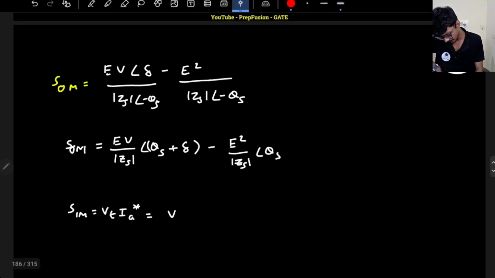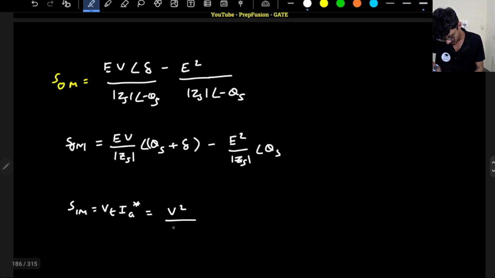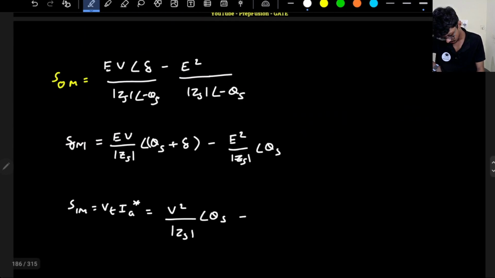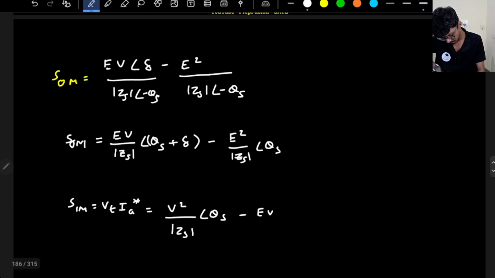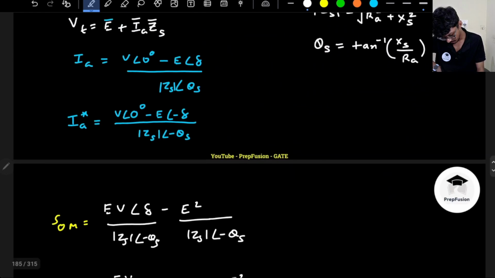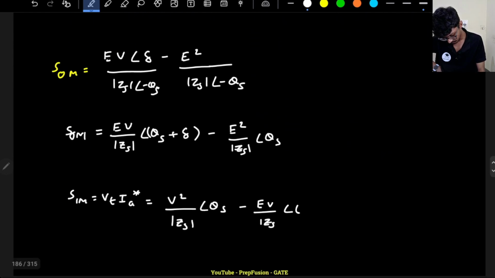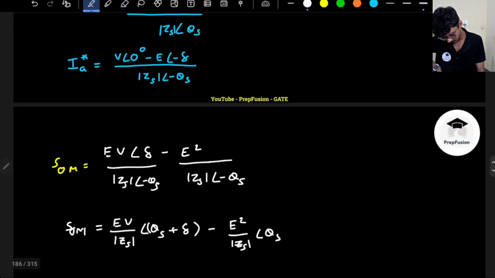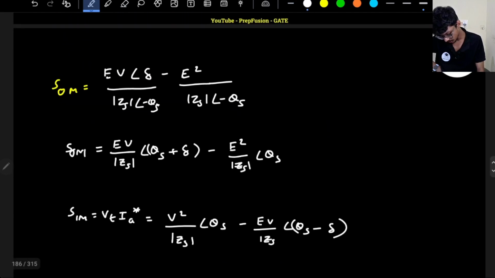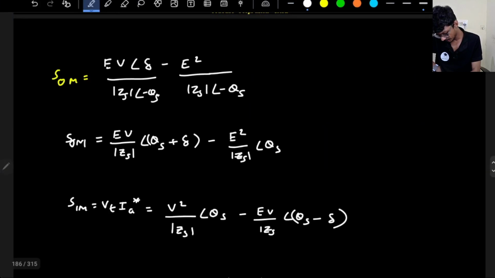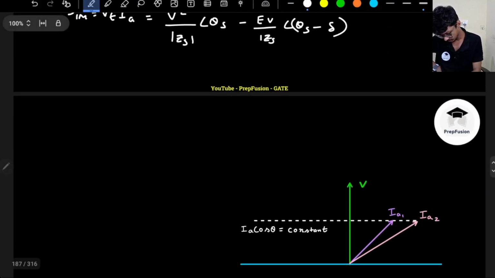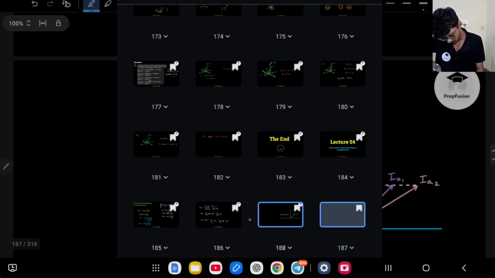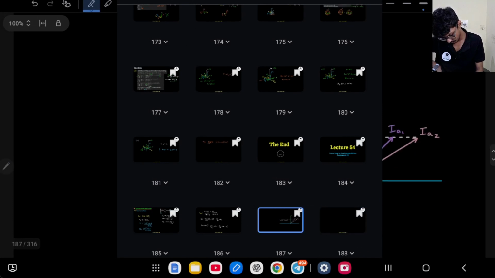So it will be V squared divided by the magnitude of Z_S ∠θ_s, minus EV by Z_S ∠(θ_s minus δ). From here I can directly write the active power.